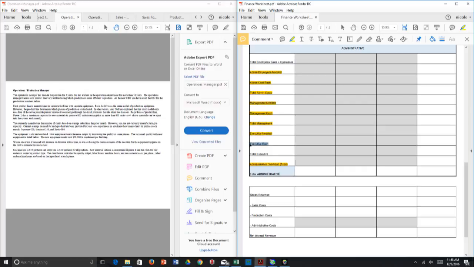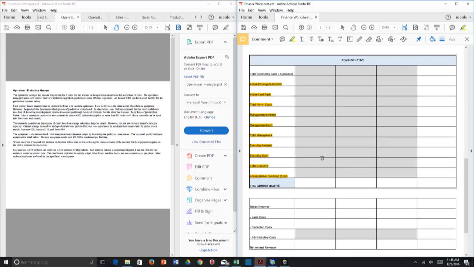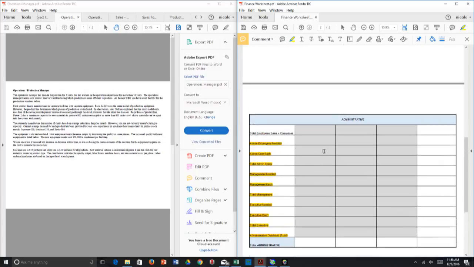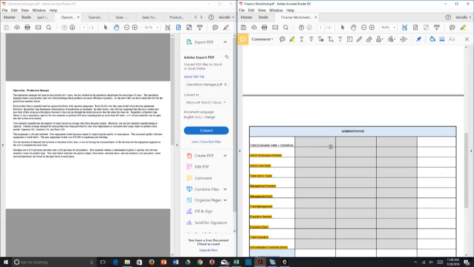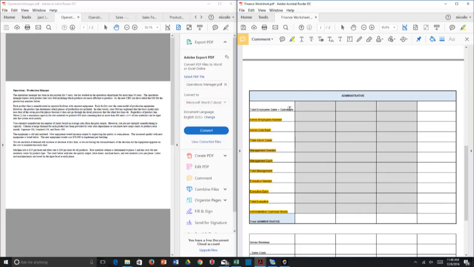But they are at a fixed rate depending on how many we have. So that's where it can get a little bit tricky. They're essentially a mixed cost, but we need to calculate them into our final net revenue.